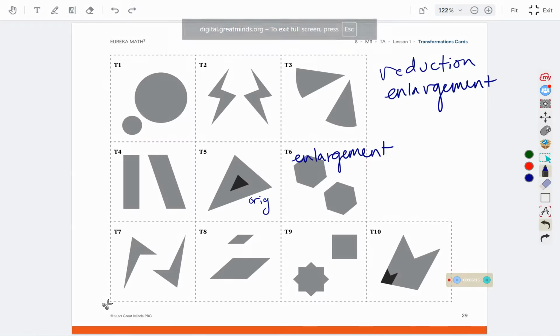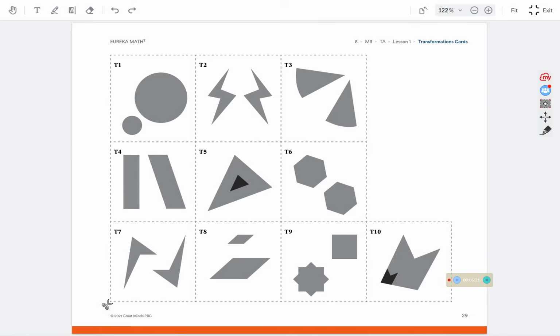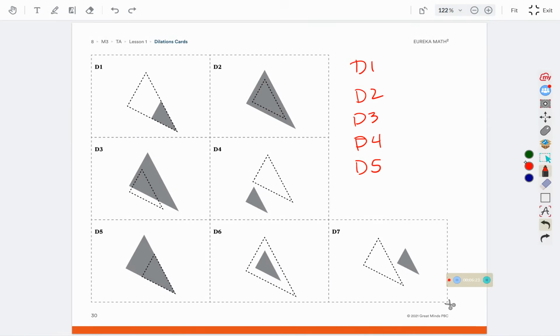In your workbook, I would like you to list out the cards you see here, and then next to each one, write whether it is a reduction or an enlargement. Go through all 7 cards, listing whether they are reductions or enlargements next to each one on your workbook paper.